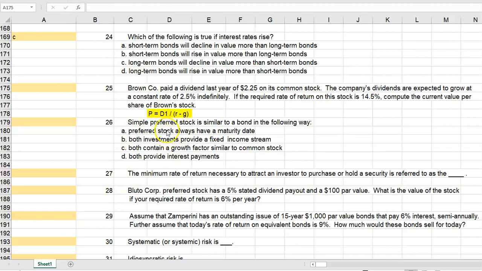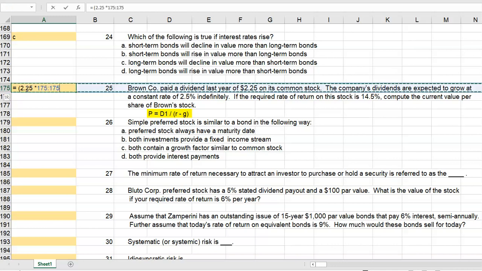The little trick in here is going to be this D1. How do I calculate the next year's dividend? Again, use parentheses, please. It paid 2.25 last year, but now it's going to be bigger next year: 2.25 times (1 plus the dividend growth rate, 0.025).